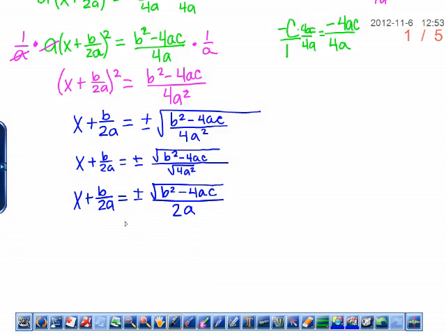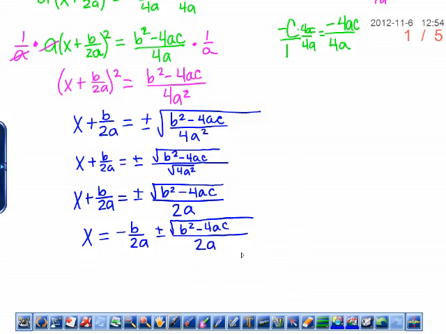Okay, only one more step. Well, two more steps. What are we going to do? Okay, subtract b over 2a. So this is x equals negative b over 2a plus or minus the square root of b squared minus 4ac all over 2a.